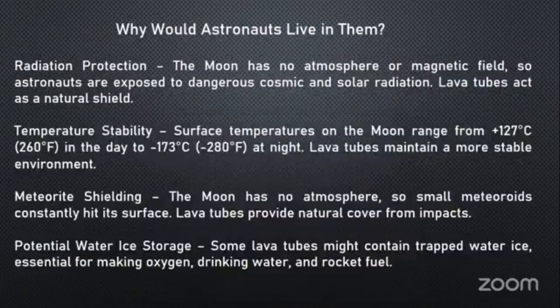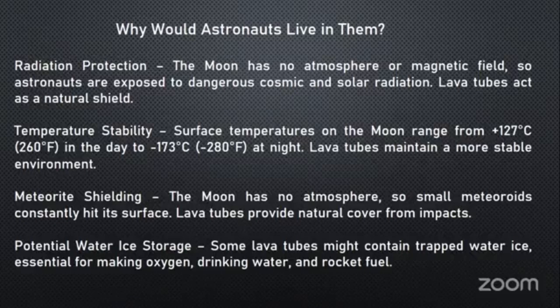Now, why should astronauts live in them? First of all, the first reason is protection from radiation. The moon has no atmosphere or magnetic field. These two protect us from meteorites, meteors, and also cosmic rays.